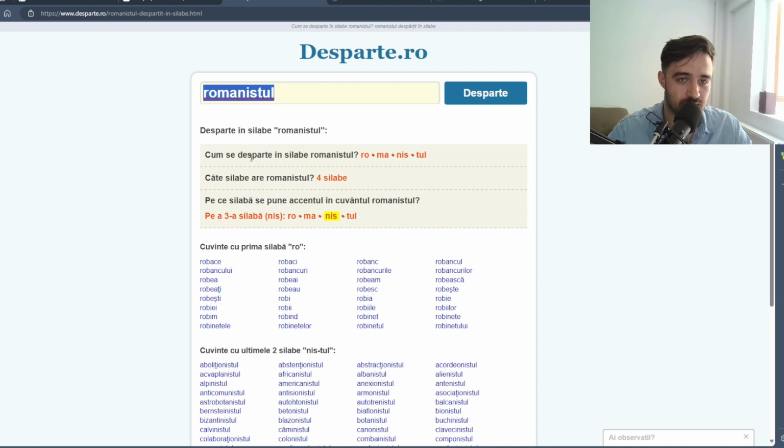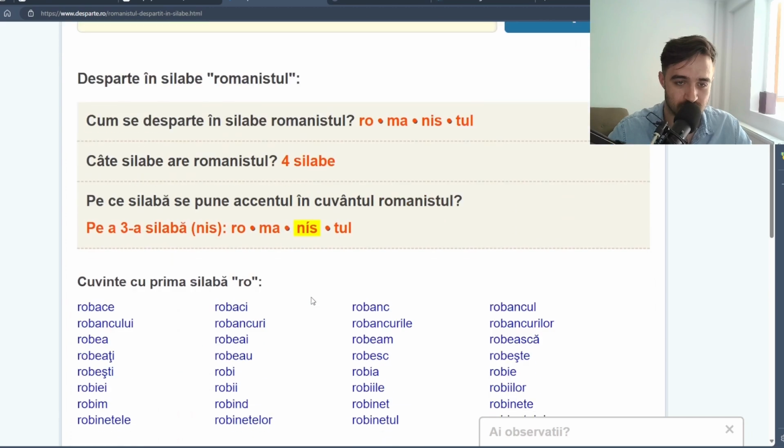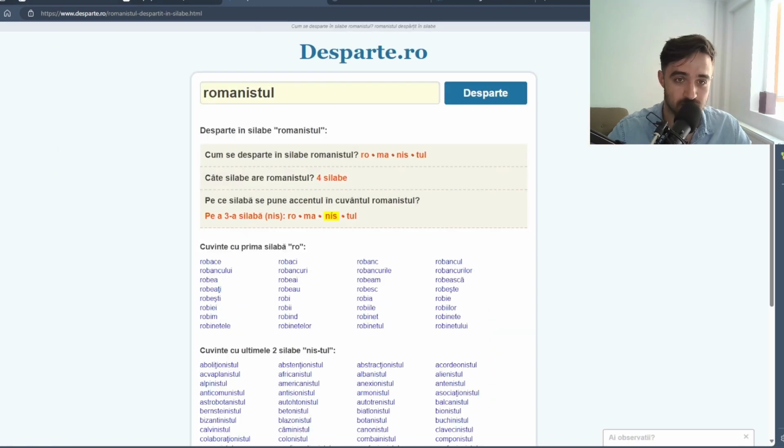You see how it's split into syllables, how many syllables it has, and what syllable the accent, the stress, is on. It's on E, on the third syllable. Accents in Romanian are only on vowels, obviously. It's a good resource if you want to split words into syllables and practice this phonetics.